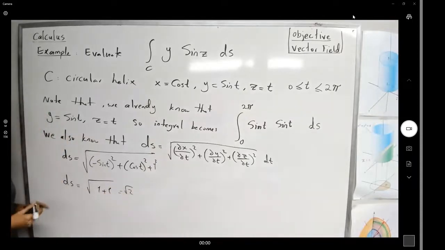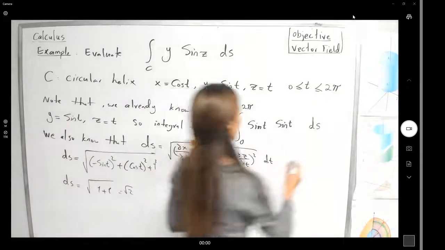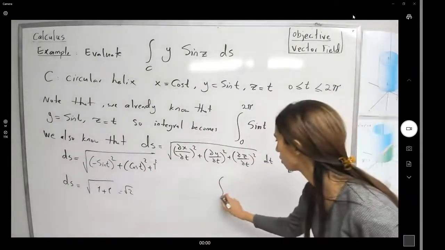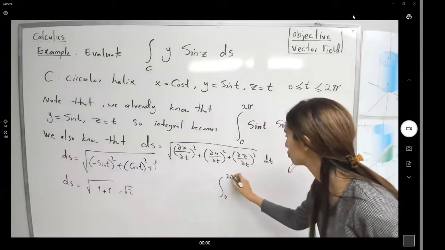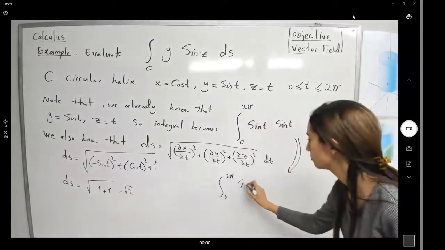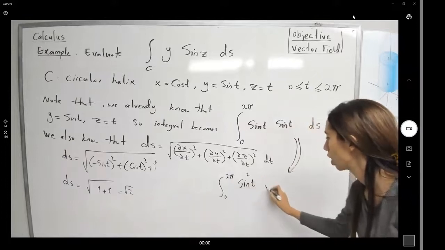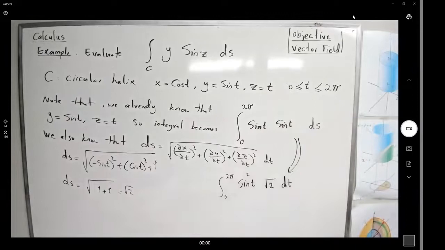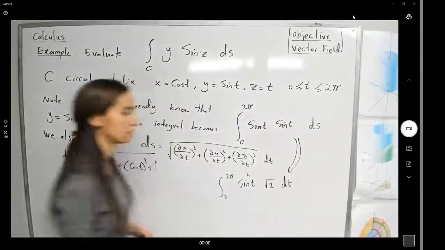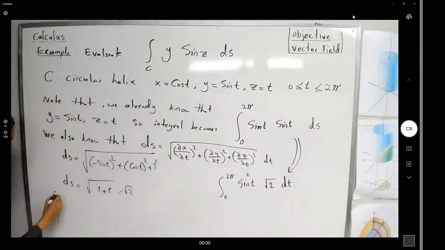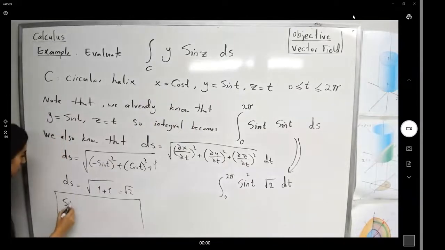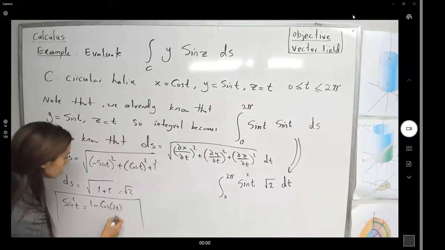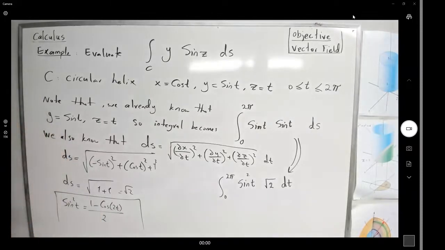So we have everything that we need. The integral becomes the integral from 0 to 2 pi of sine squared t times the square root of 2 dt. Sine squared t, we need to convert that. Sine squared t is 1 minus cosine 2t divided by 2.